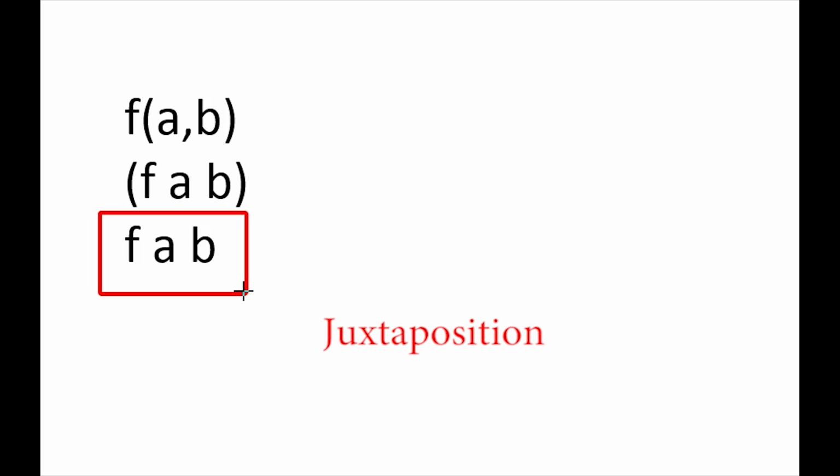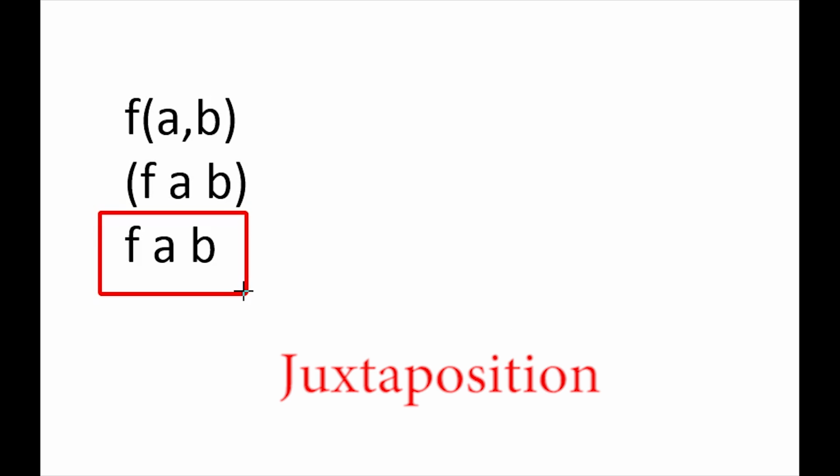Currying is most elegant in these programming languages that apply this syntax and this notation for calling a function f on a and b. So this way of arranging a function relative to its parameters in an application is called juxtaposition, på dansk sammenstilling.